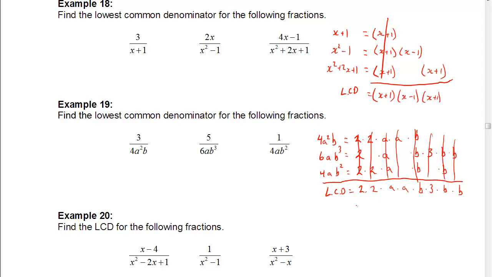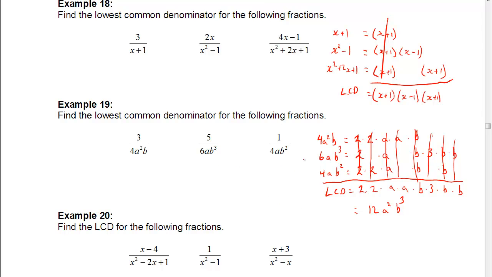That's our lowest common denominator. So that's 2 times 2 is 4 times 3 is 12, a times a is a squared, and b cubed. So 12a squared b cubed is the smallest that each of the denominators can be turned into by multiplying. This even shows us what we need to multiply by to get that common denominator.